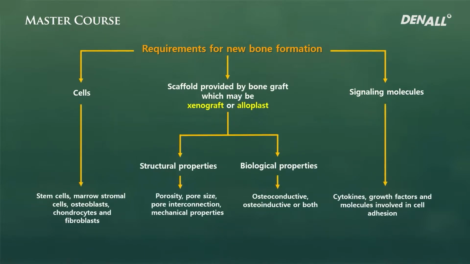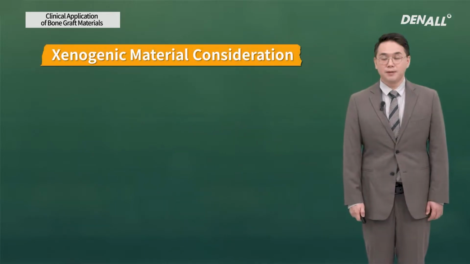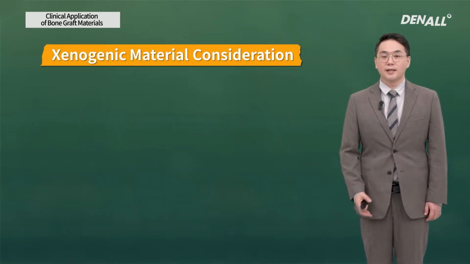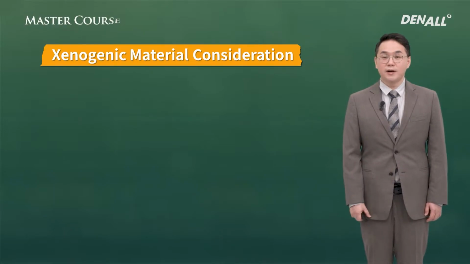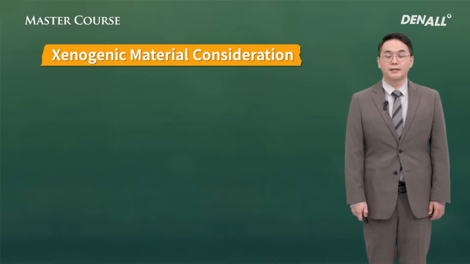We use alloplast or xenograft because cancellous bone of a cow or pig is similar to that of human being. As they are structurally similar, humans' osteoblasts can adhere to that. So structural properties need to be considered. As I said before, when we use xenograft, protein must be removed through heat treatment.